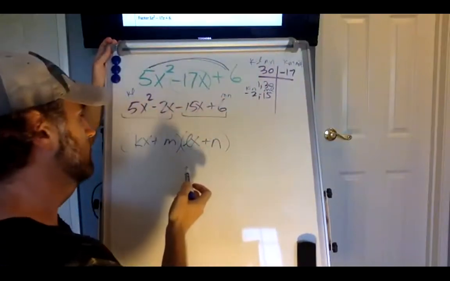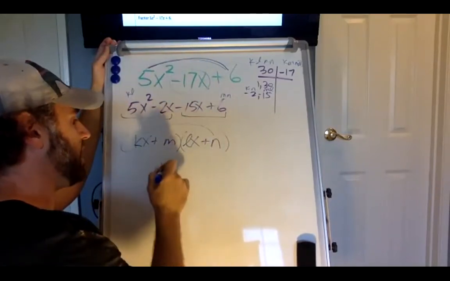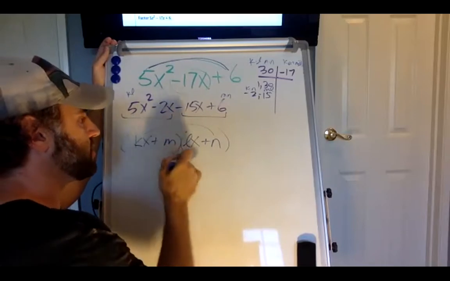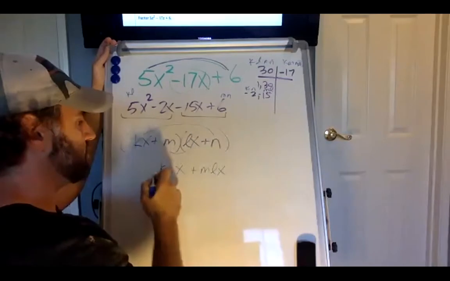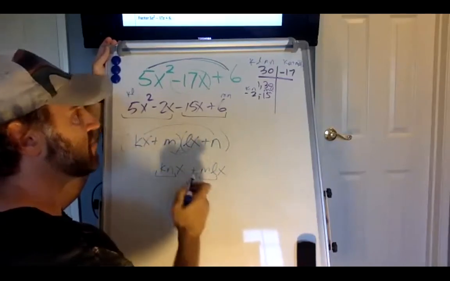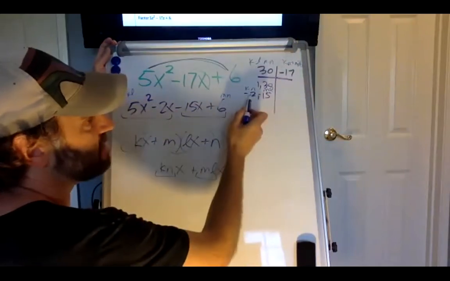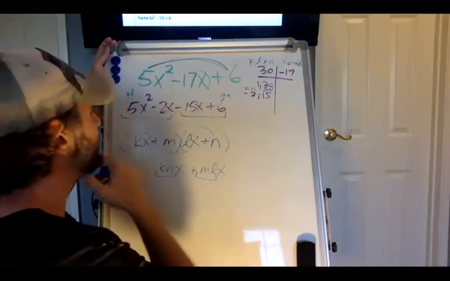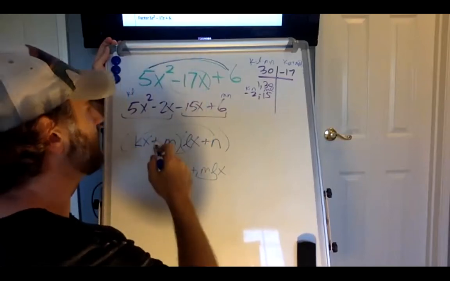How do I know that? Because when you multiply this to that, you're going to get KNX, and in the middle you're going to get MLX. So this plus that is going to make your middle term, KN plus ML, right? So that means that the -2 is the KN, and the -15 is the ML.